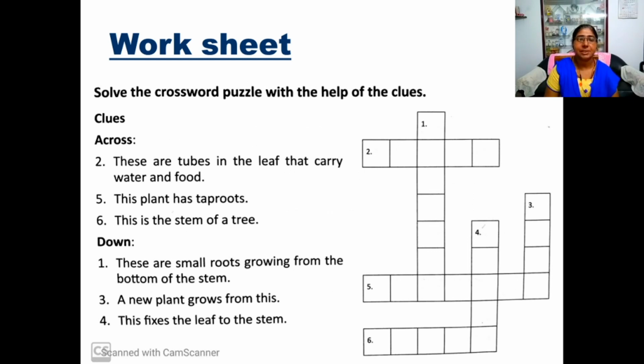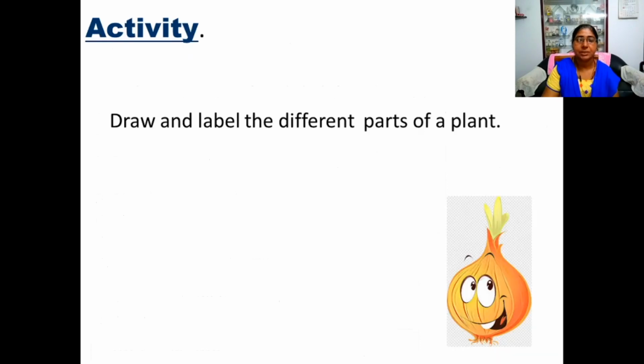With the help of clues, you solve this puzzle. Clues are given here. These are tubes in the leaf that carry water and food. This plant has taproots. This is the stem of a tree. Down it is given. These are small roots growing from the bottom of the stem. New plant grows from this. This fixes the leaf to the stem.